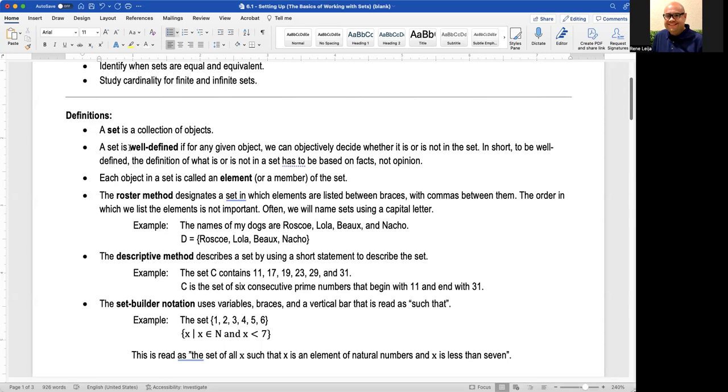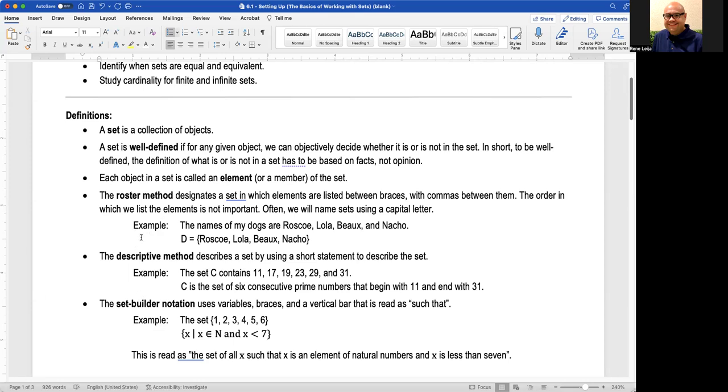We would have to pick whatever we want to identify from within that set of objects in the classroom. Each object in a set is called an element or a member. So again, if we're talking about all the students in the classroom, we would each be a member. We could also be called an element of the set.